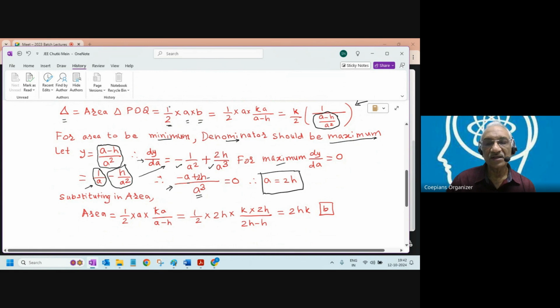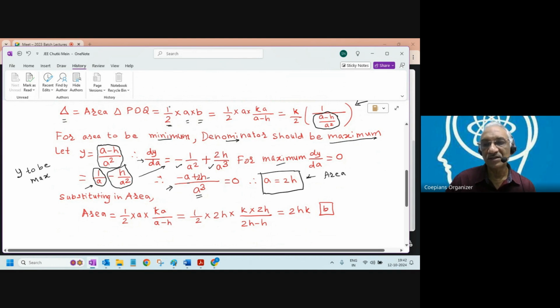So for y to be maximum, a has to be 2h. When y is maximum, the area will be minimum.